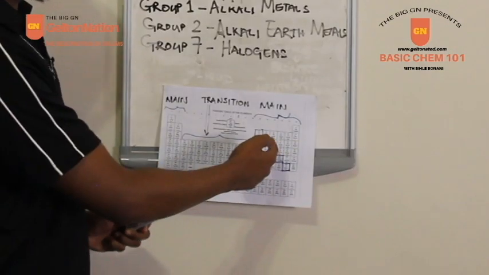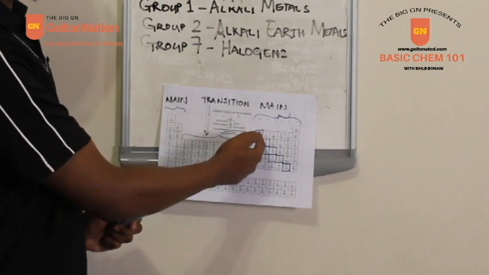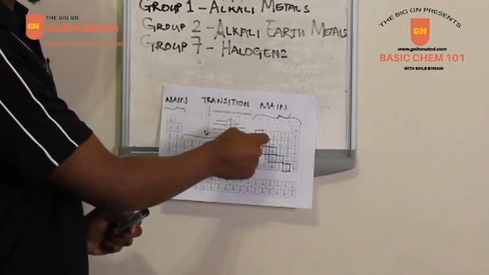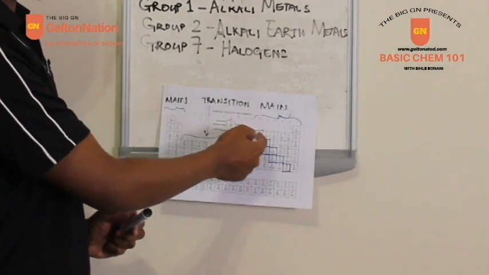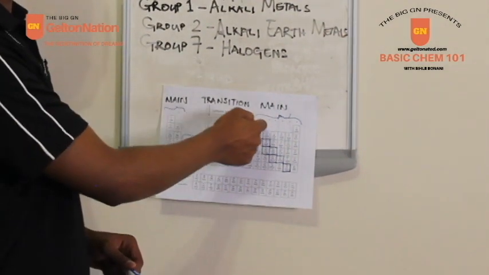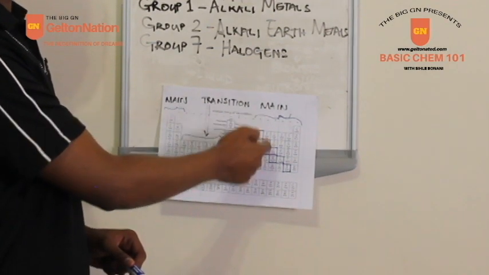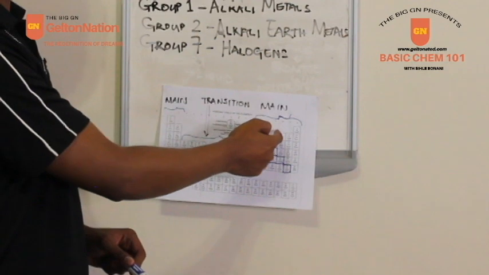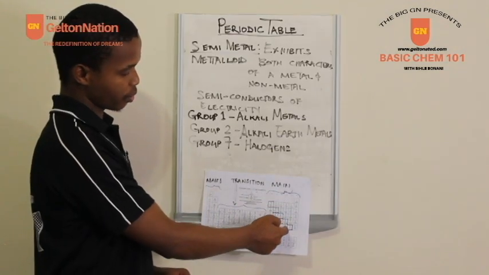Now, for groups 3, 4, 5, 6, usually the group is named by the first element in the group. Group 3 starts with boron, so it is called the boron group, and this one has carbon, so it is called the carbon group, then the nitrogen group and the oxygen group.